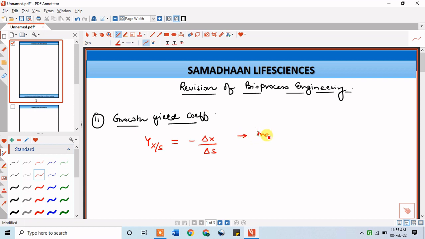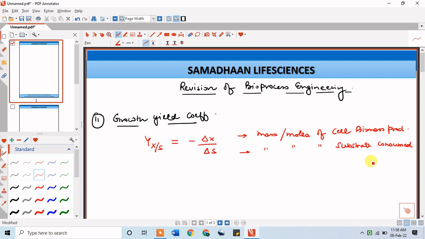X is mass, or you can also call it moles, of biomass or cell biomass produced. And what is delta S? You can call it mass or moles of substrate that is consumed. So this is what is called the growth yield coefficient.